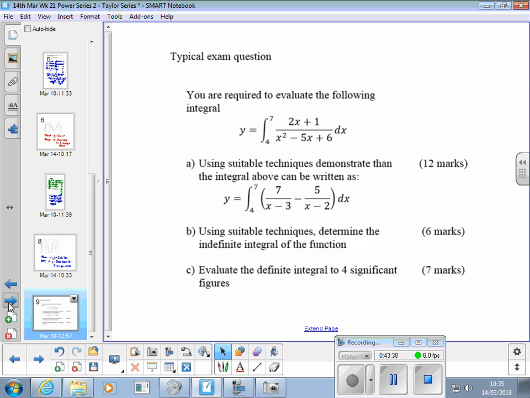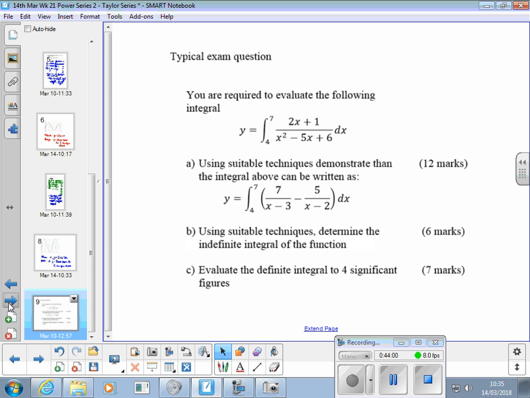So what have you got to do to get from that first function to the one underneath it? What's the process? Partial fractions.